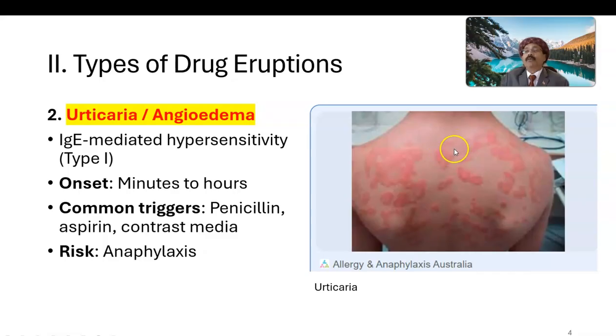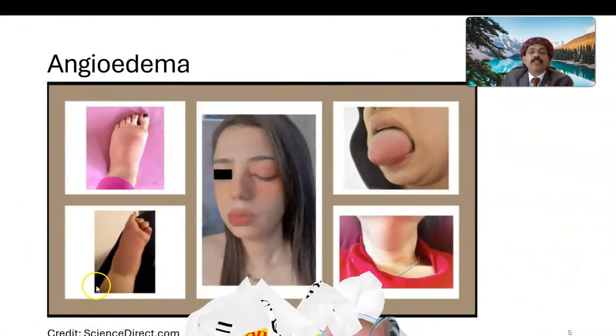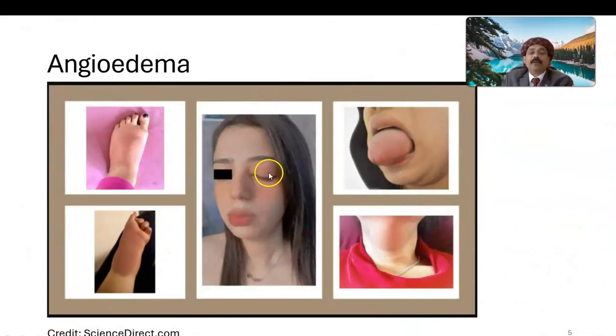So this is an example of urticaria. It may be over the anterior part of the body, on the arms, lower limbs, forearms. There may be a chance of anaphylaxis. Angioedema, we are seeing angioedema over the eye. The tongue is very much edematous. It may obstruct the respiratory passage, may even lead to death. Here again, the pharynx or laryngeal part is very much edematous.